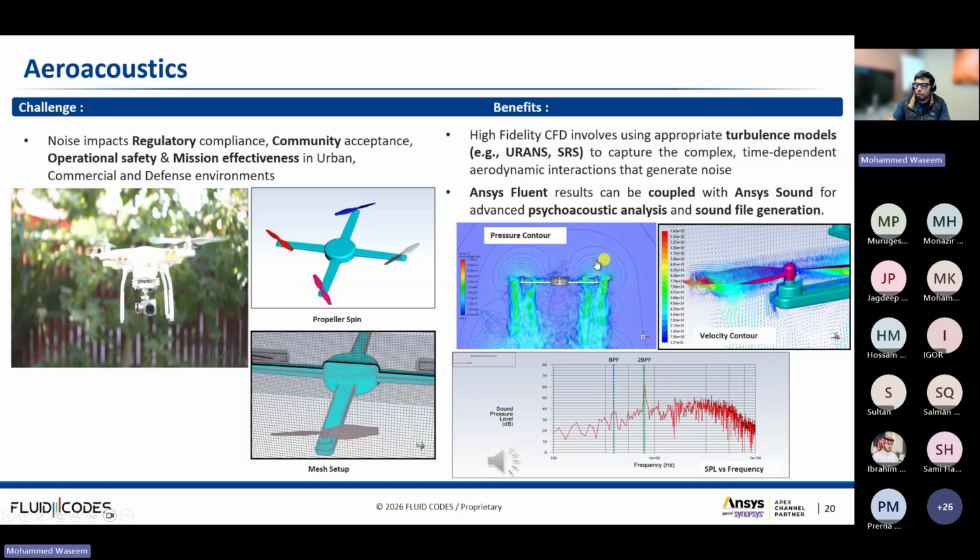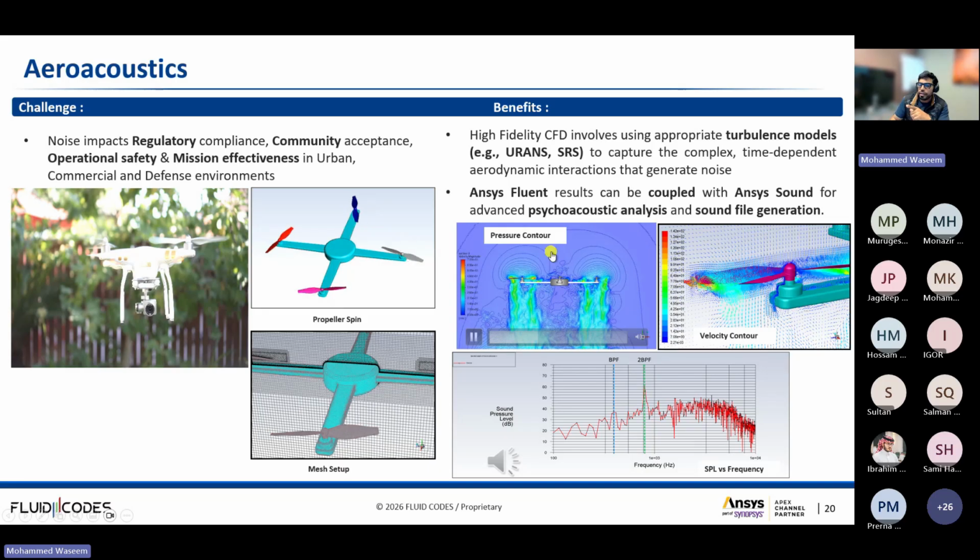And then Fluent gives us an option for aeroacoustic problems like broadband noise methods in order to predict the noise in detail. So step 3 is to evaluate the psychoacoustic analysis. ANSYS Sound is integrated with ANSYS Fluent. So we can generate those sound files and even listen to them.